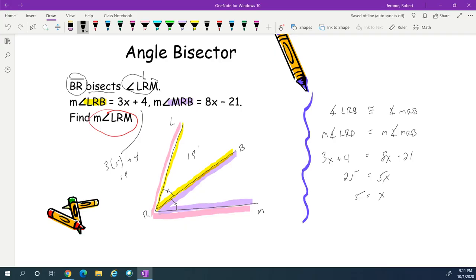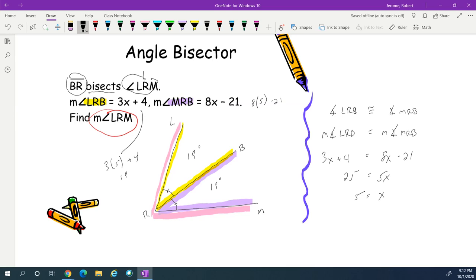So this one is 19 degrees. 8 times 5 minus 21. So that's 40 minus 21, which is 19 degrees. Well, we expected them to be equal. They are the result of being bisected.